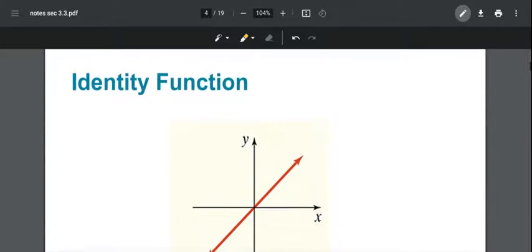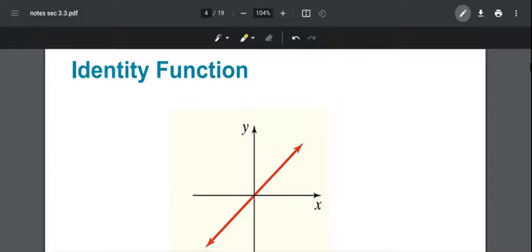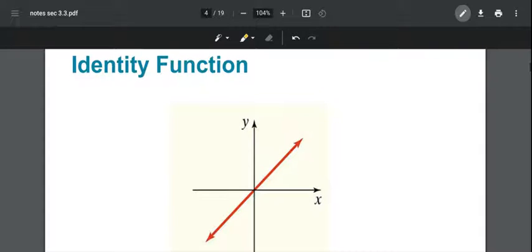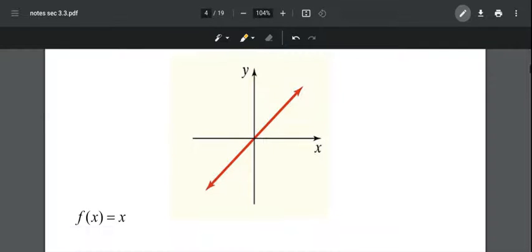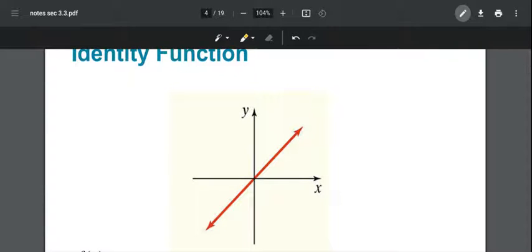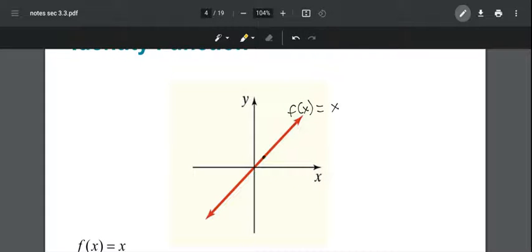The next function which we need to remember is the identity function. That's the straight line which goes through the origin. You may think about a diagonal line. The identity function has the equation f of x equal x. For the identity function, you have points on the graph like (1, 1), (2, 2), where the x and y values are the same.